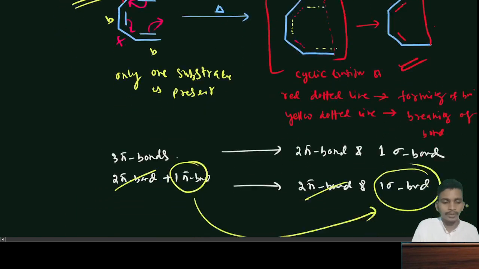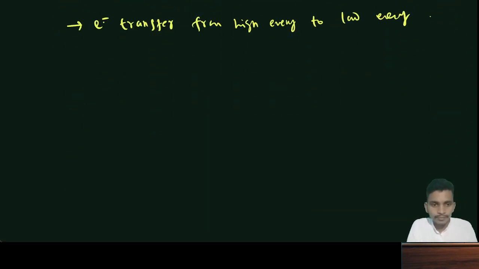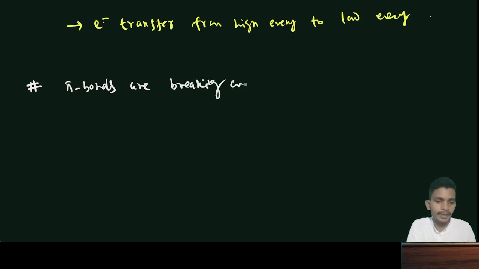So here we see that pi bonds are breaking and forming a new sigma bond.